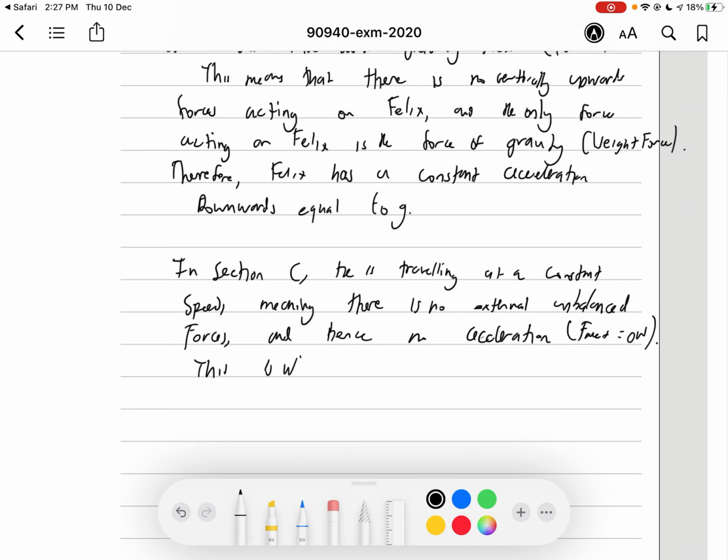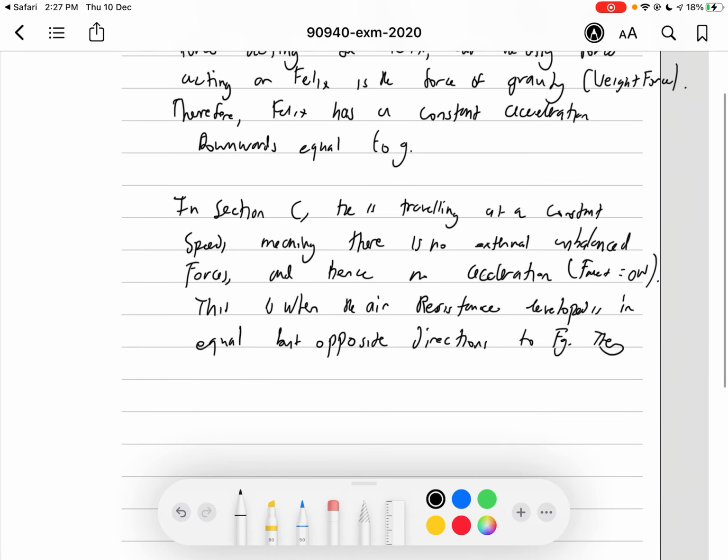And we can say this is when the air resistance developed is in equal but opposite direction to the Fg, to cause no net force.